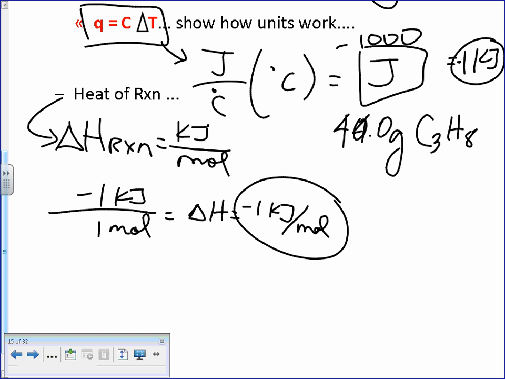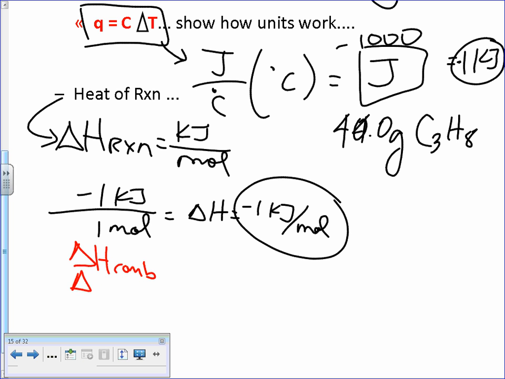So the heat of reaction can come in many varieties. What are some reactions that we've done before? All right, combustion. Great, guys. Delta H combustion. One more. Give me more. Synthesis. Synthesis and decomposition reactions would just be called delta H reaction. What about acid-base? What do you call those reactions where acids and bases react?